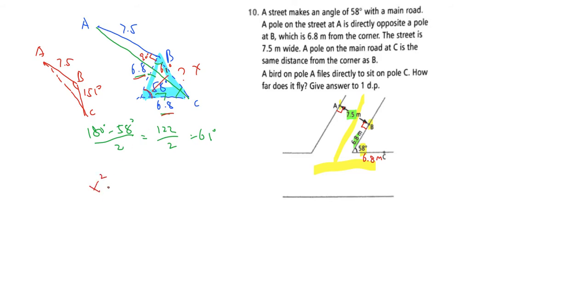So x squared equals 6.8 squared plus 6.8 squared minus 2 times 6.8 times 6.8 times cosine 58 degrees. That will give you x squared.